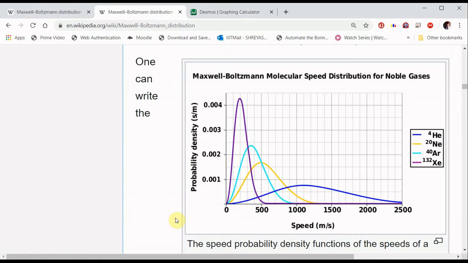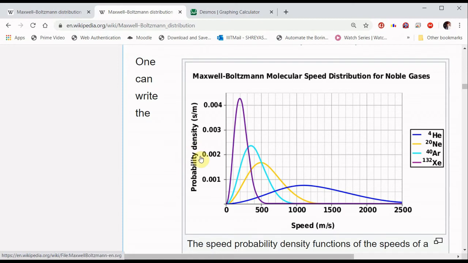But now I ask the question, what is the probability that this particular argon particle has a speed between 199 and 201? Now this is not zero, right? This has to be some finite value, because now my interval is of length 2, 199 to 201. So this graph would help me find that probability.